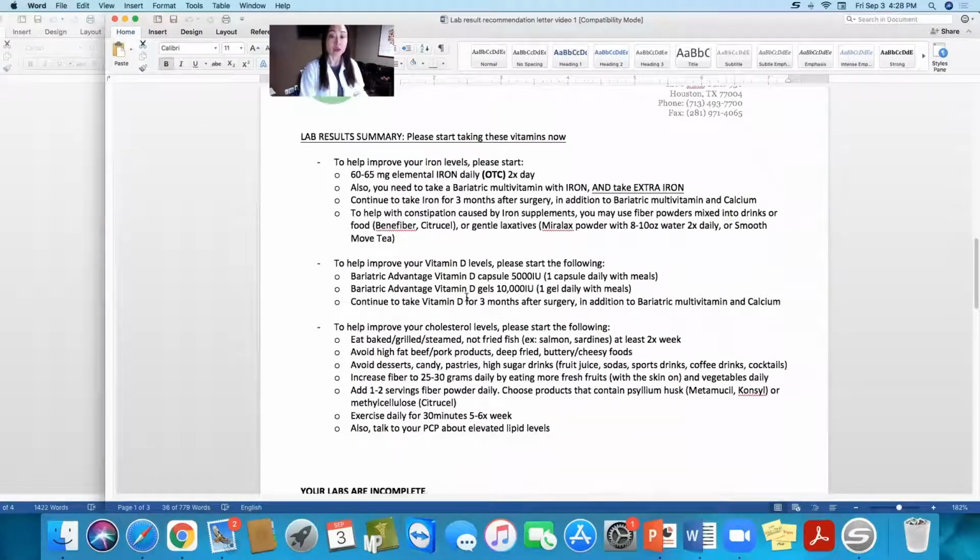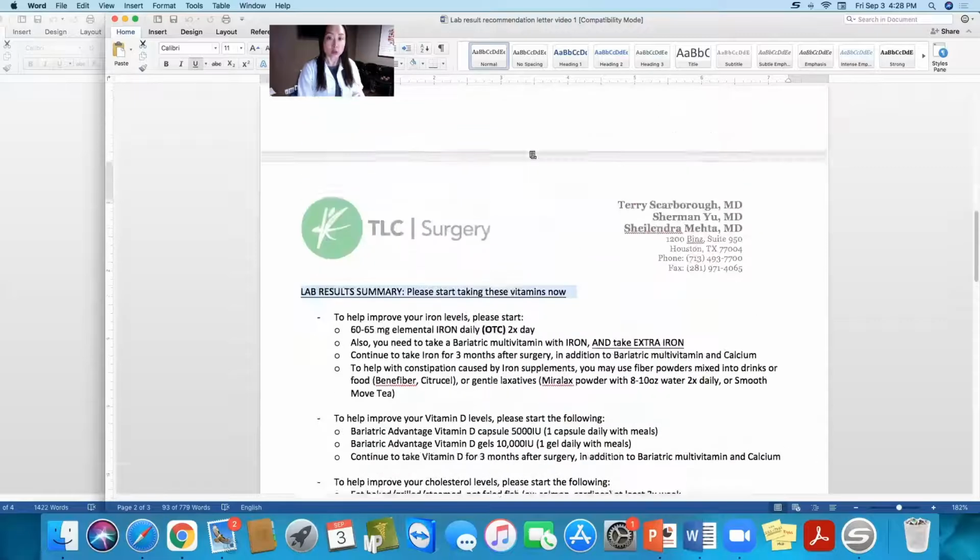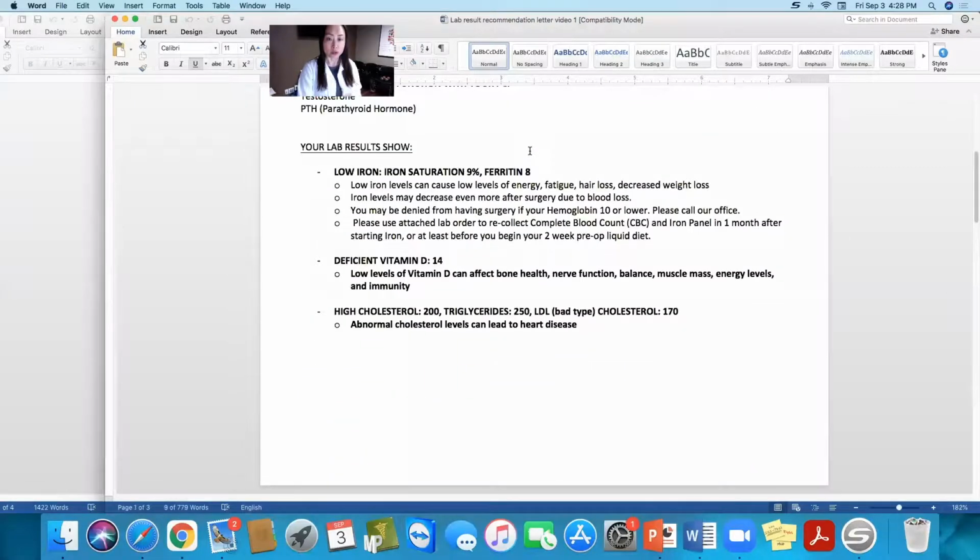And if we scroll down, what should you do? And here are some basic lifestyle changes that you can start adding into your daily healthy routine to help naturally improve your cholesterol levels. So the third part of this lab report will tell you what you should start doing now to improve these out of range numbers.